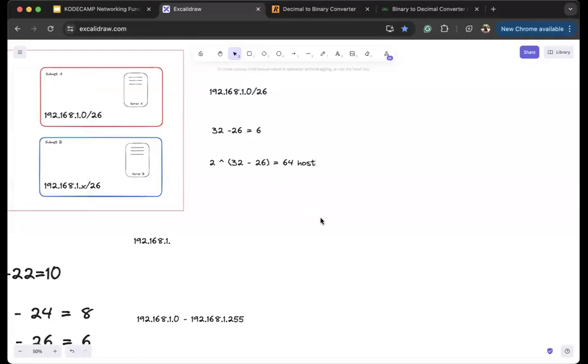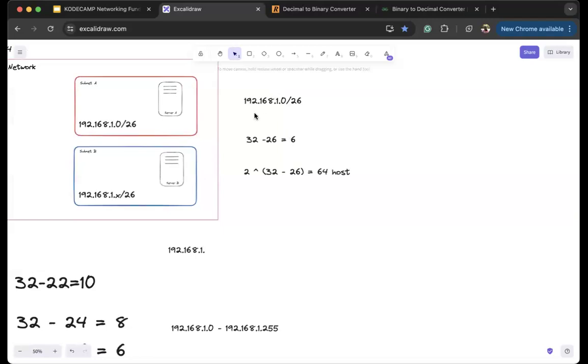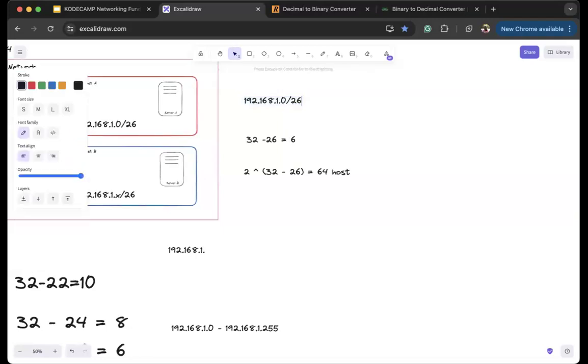That should be from 192.168.1.1, 2, and so on.